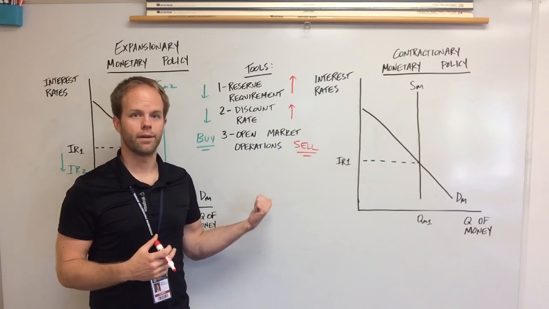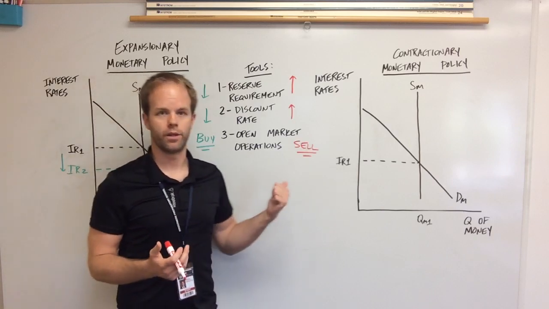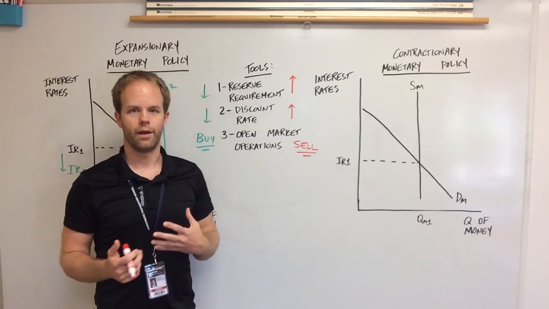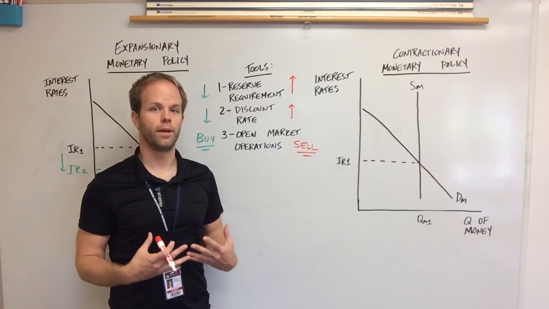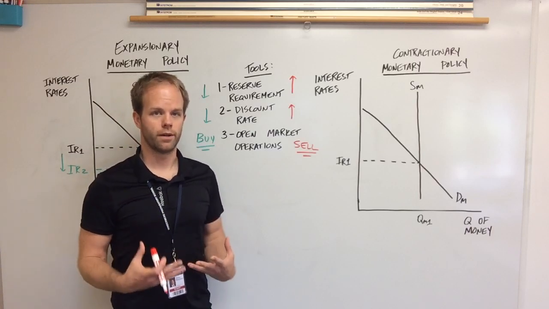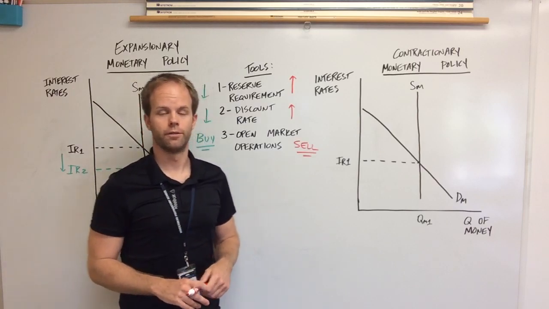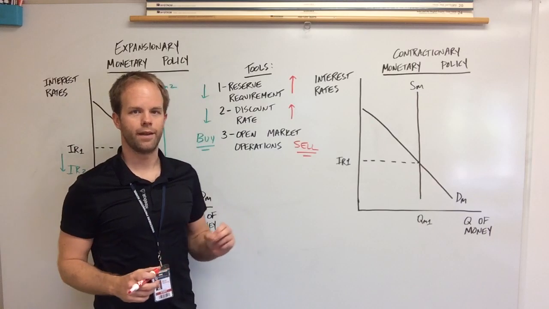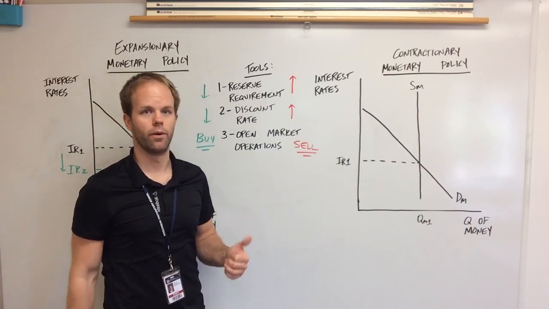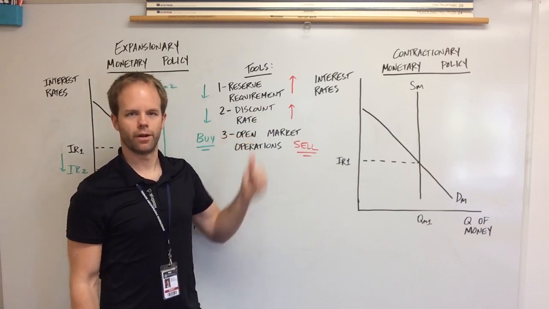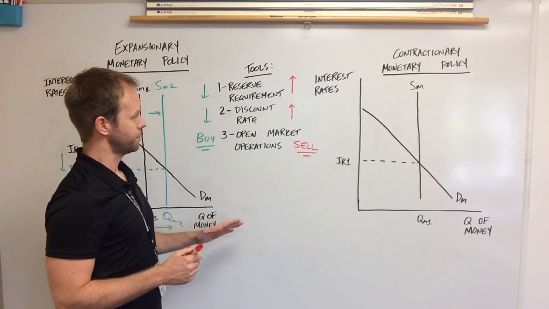If the central bank went and sold them, I would take, let's say, $100, and I would give it to the central bank, and then they would take that bond. That would take money out of circulation because that would be $100 that I could have gone and spent and kept in our circular flow model, but instead that would go to the central bank and leave the circular flow, basically. So these are labeled correctly, by the way. Sorry, I got confused there for a second.